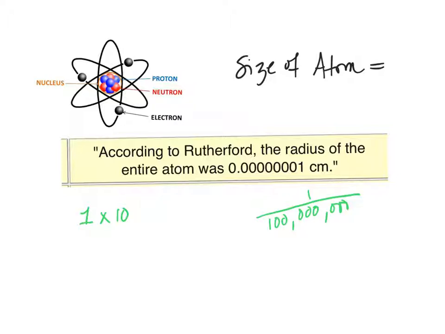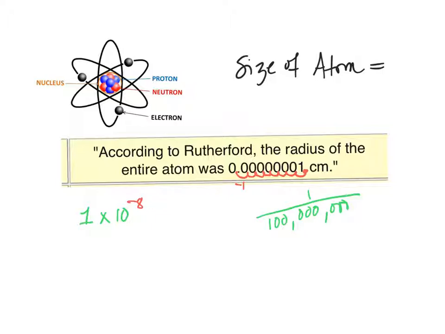So let's think about that. When we look at the decimal places, this is 1/10, so that's -1. This would be -2, -3, -4, -5, -6, -7, -8. So it's 10 to the -8.